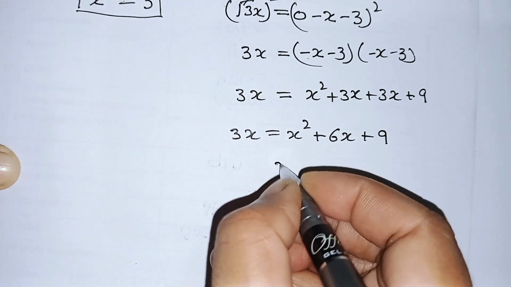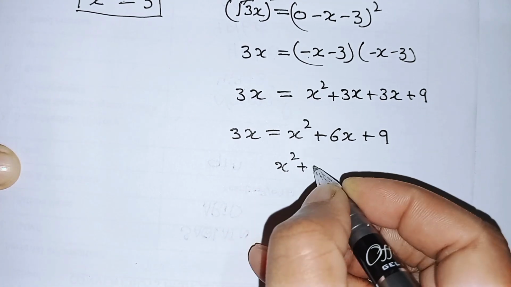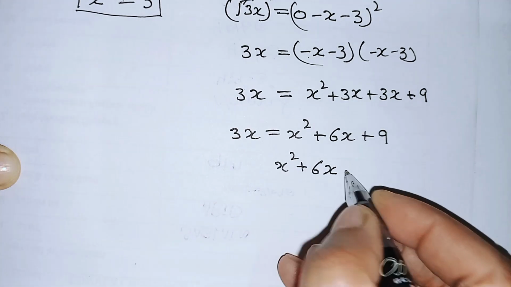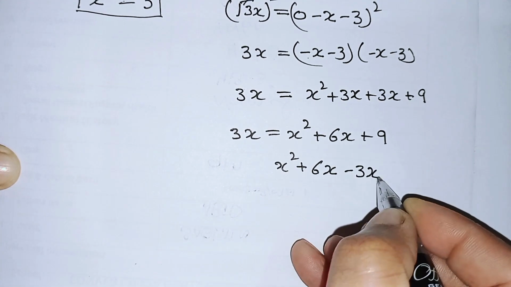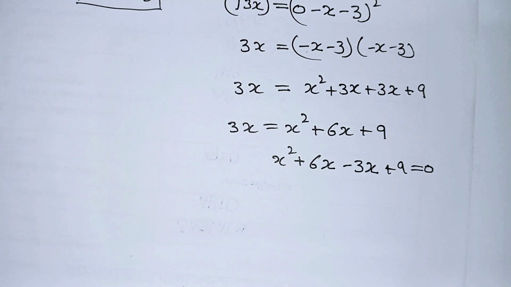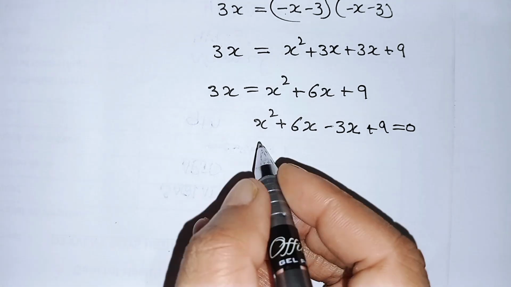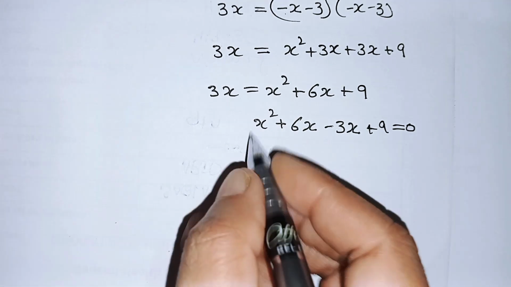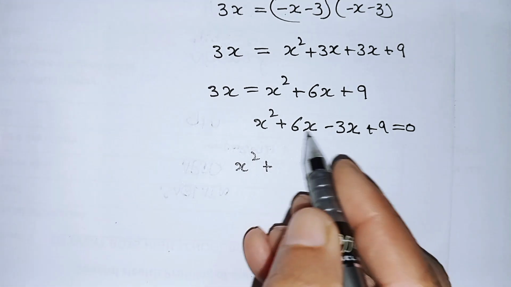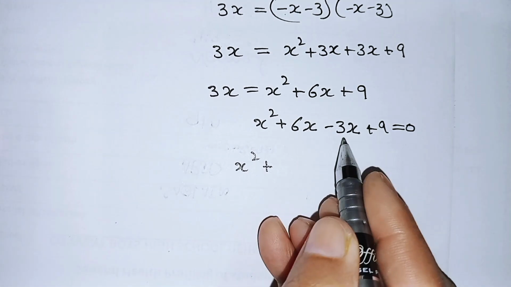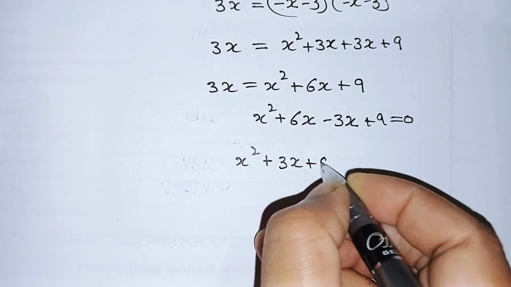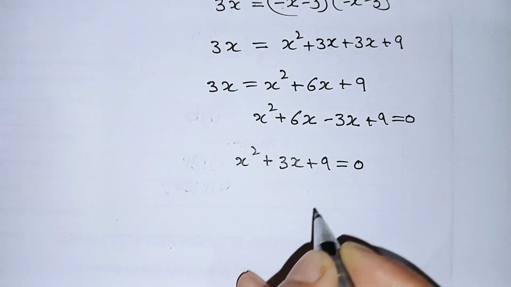Now x square plus 6x, with this 3x moved here as minus 3x, plus 9 is equal to 0. So x square plus 6x minus 3x is 3x, plus 9 is equal to 0.